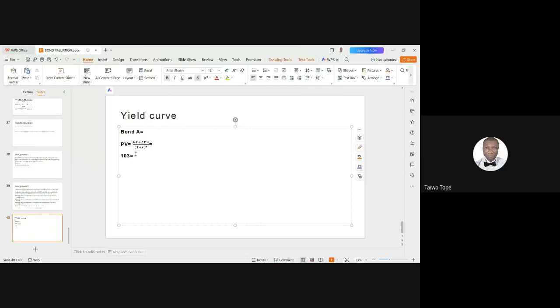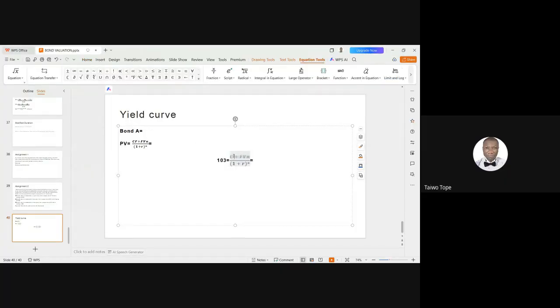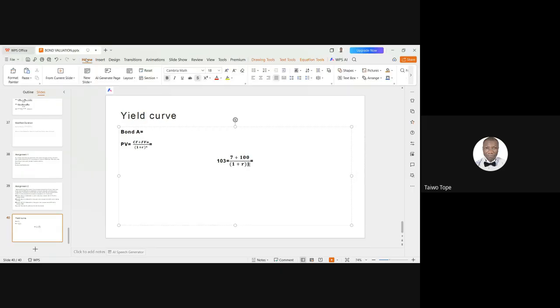So when you have bond A, your coupon is 7, and your redemption value is 100. Now, what is your R? Your N is 1. What is your R? Do you know the value of R?